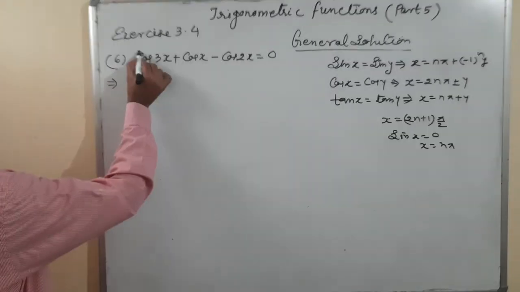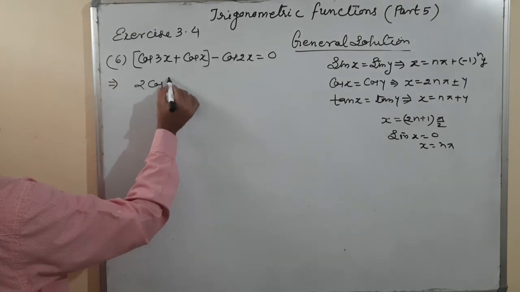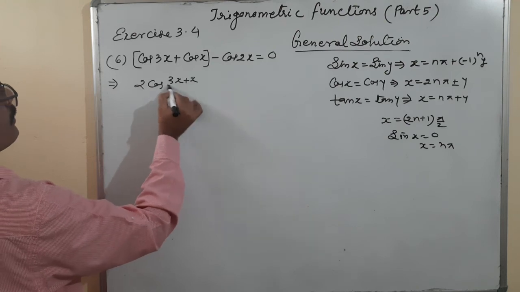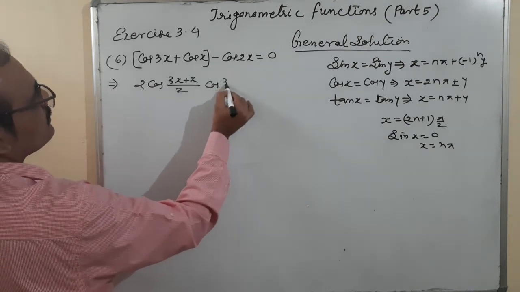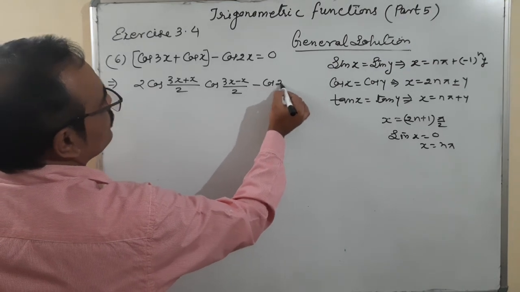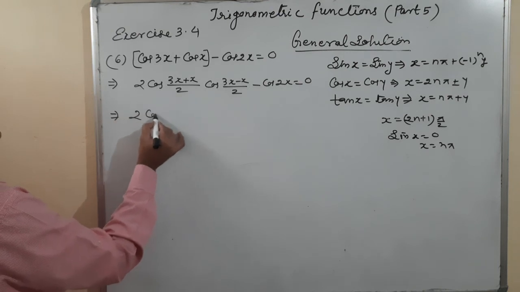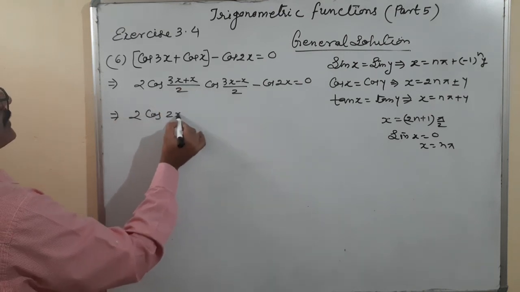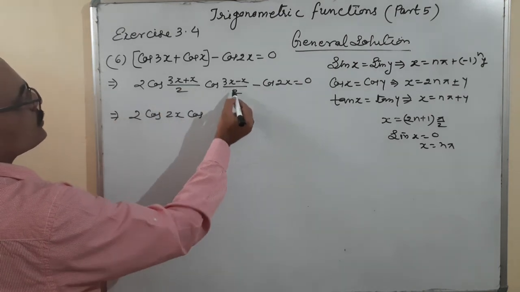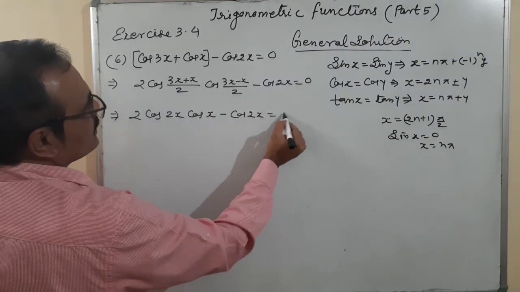Cos c plus cos d is 2 cos (c plus d) by 2 into cos (c minus d) by 2, minus cos 2x is equal to 0. So it is 2 cos 4x by 2, that means it is 2x, and cos 2x by 2, it is x, minus cos 2x is equal to 0.